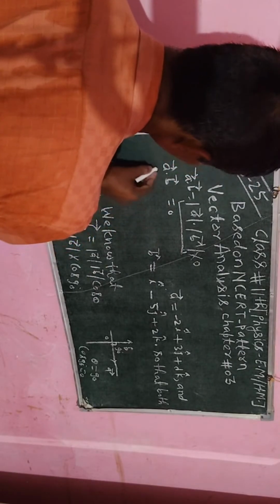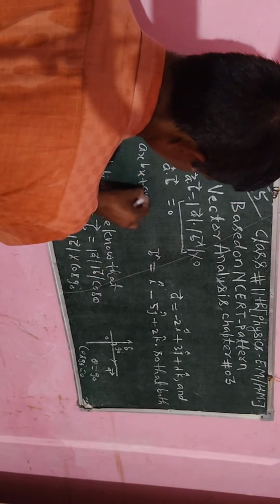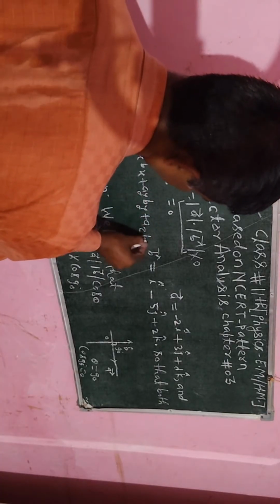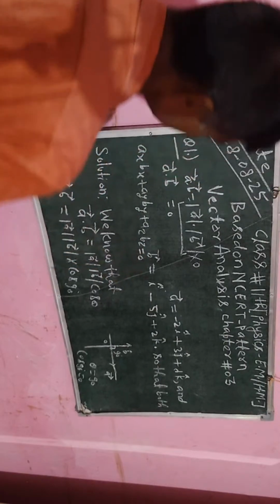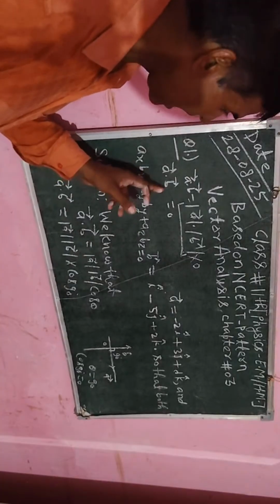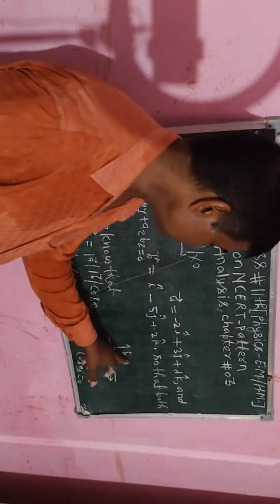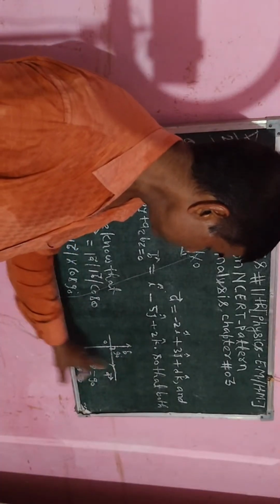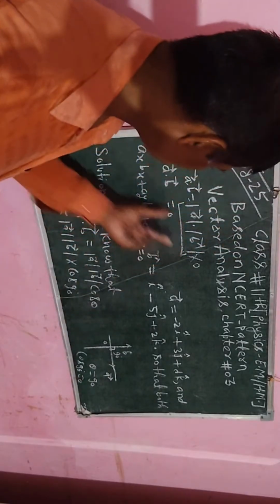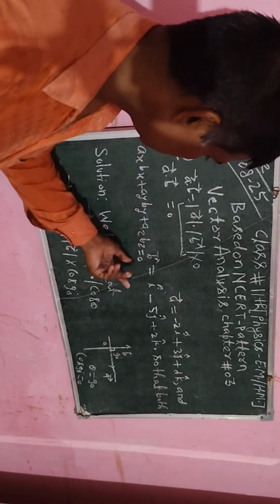It means that I will write here ax bx plus ay by plus az bz. So it will be 0 if vector A is perpendicular to vector B, or vector B is perpendicular to vector A. It means that the angle between these two vectors is 90 degree, so cos 90 degree is equal to 0. So this term will be 0.